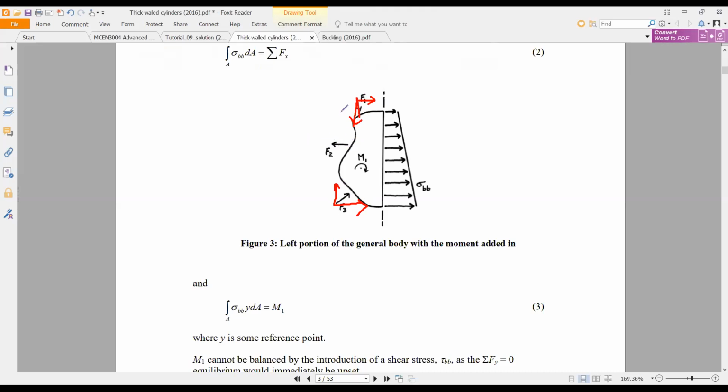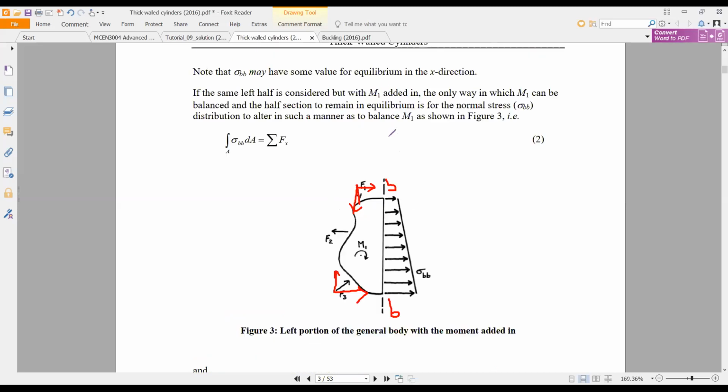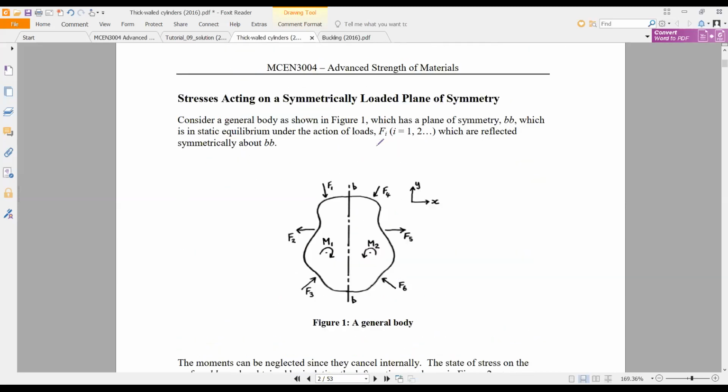So we don't have any y component in here. And if you separate this system at the BB plane, there is nothing happening to the vertical forces. Can you see here? These vertical forces apply on this side.